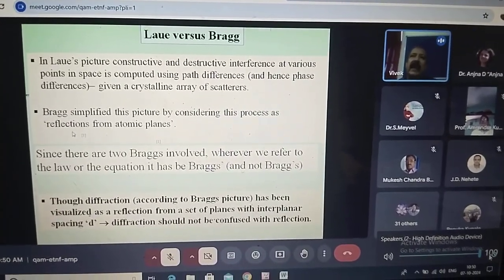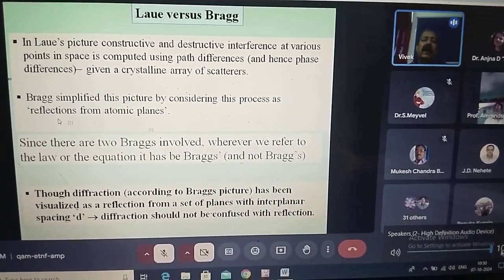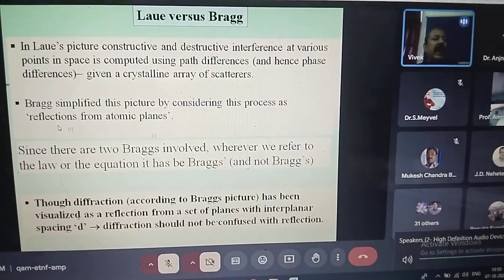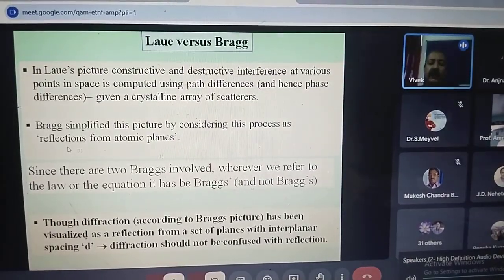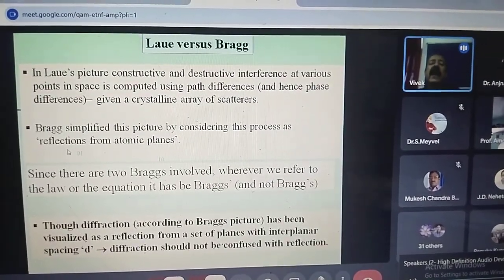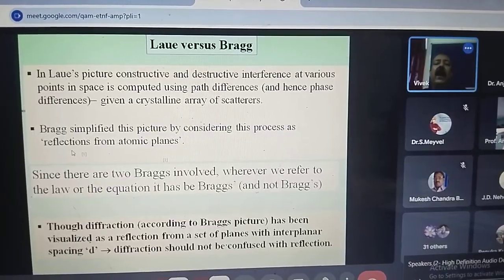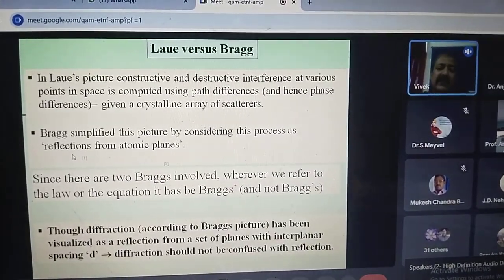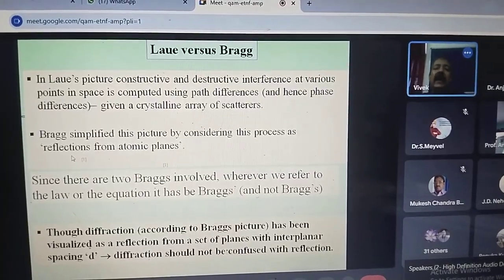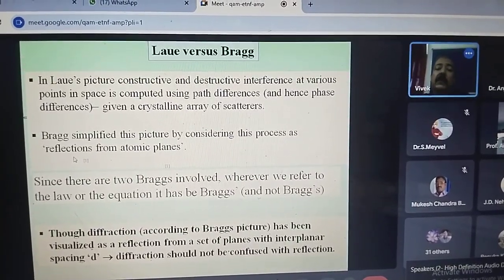This means H plus K even present, H plus K odd absent. So from there I have made out which reflections are present and which are absent. This has given me an idea of extinctions. From extinctions, which reflections are absent, I can make out what my space group is.